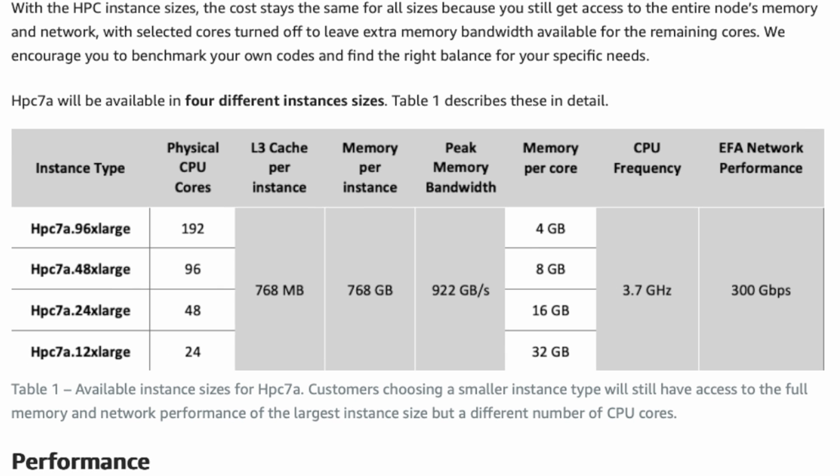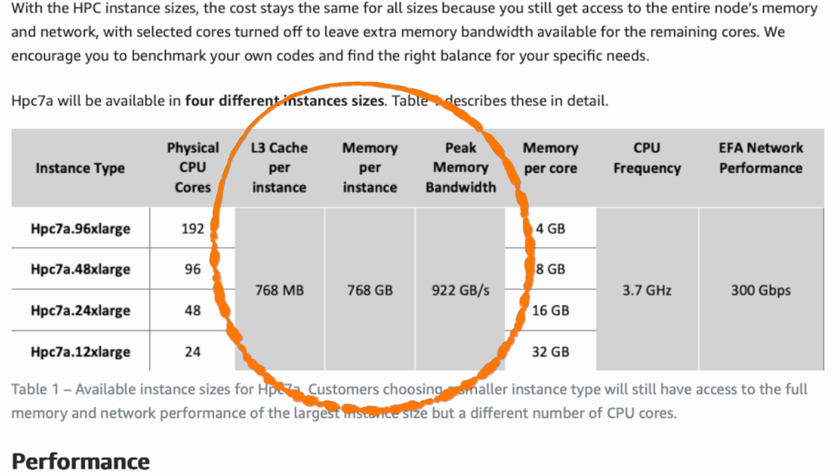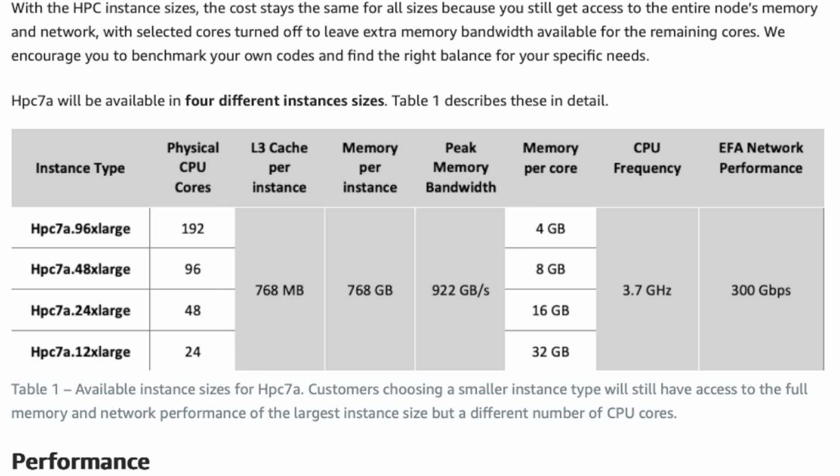There's one real difference here, and that is exactly where you're pointing at right now. If you look at L3 cache per instance, memory per instance, and all of that, they all stay the same even when the instance sizes get smaller. So if you take fewer cores, you still get the full instance.